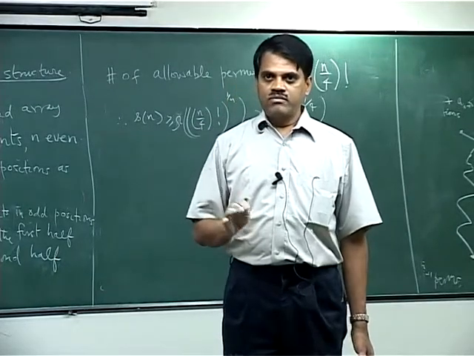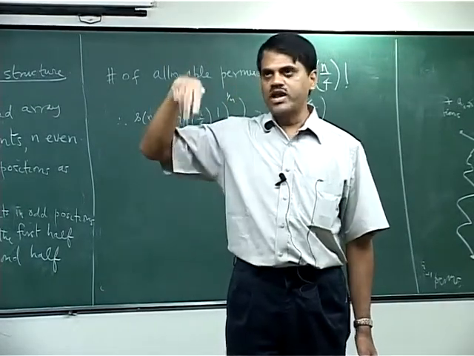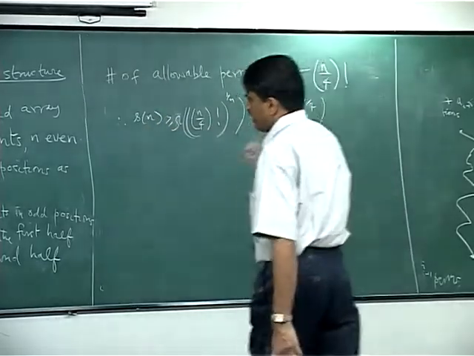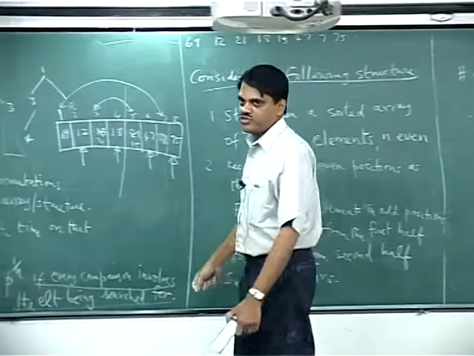The power n cancels, so it's n power 1 by 4, if every comparison involves the element being searched for.